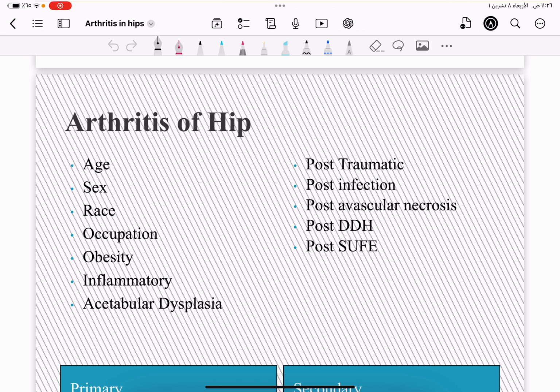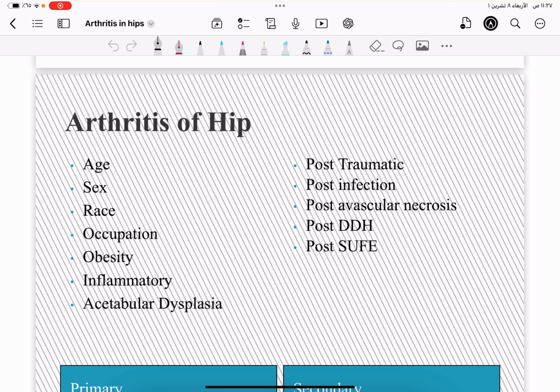Then you get the secondary changes, like hip dysplasia in children. If it's not treated at birth, it will develop arthritis. That's the secondary form. So it can be primary, because it's a natural process of patients getting older and using the joint, or secondary to other primary problems like DDH or Perthes disease.